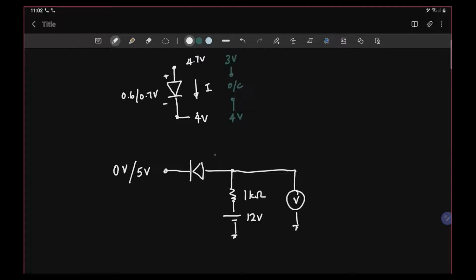Okay, and I mentioned here it needs 0.7 volts higher on the other end for the diodes to operate. So if you look at this circuit, I have a 12 volt supply here, meaning that this point here is always greater than the 5 volts.